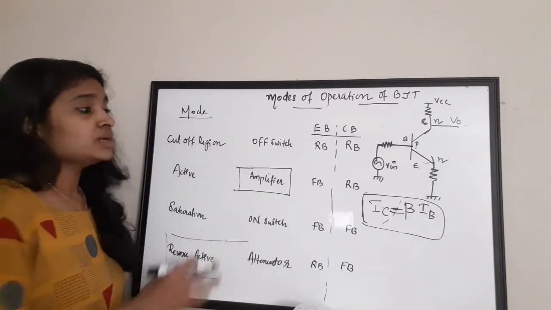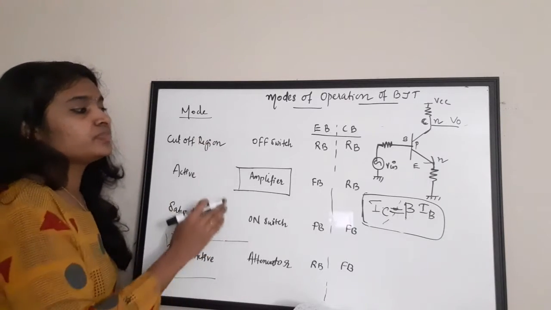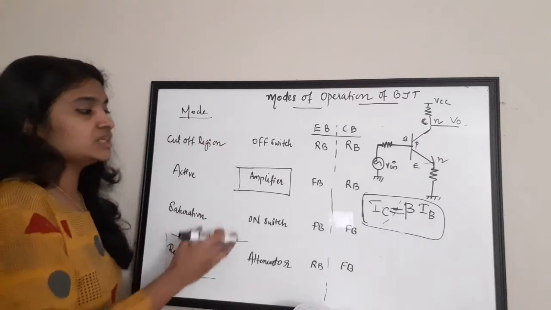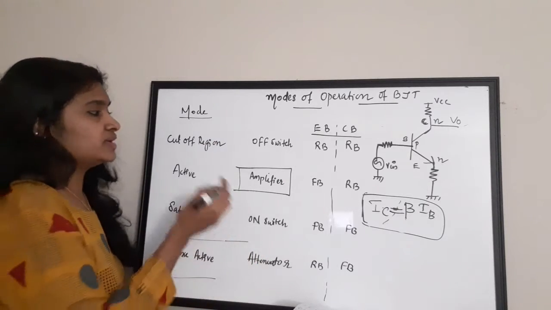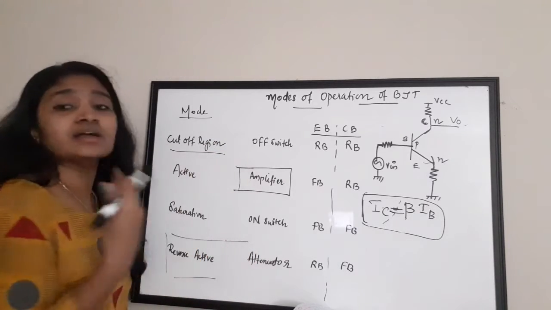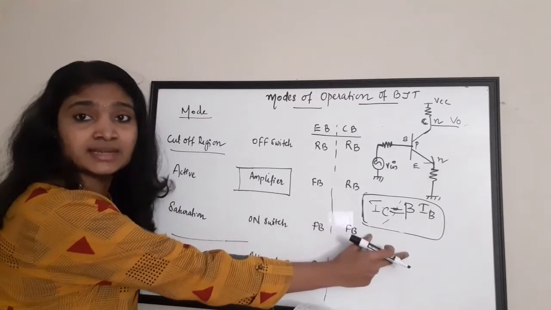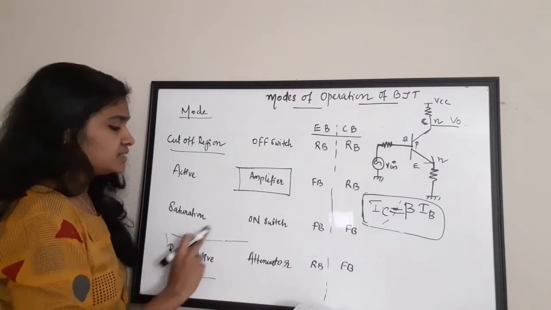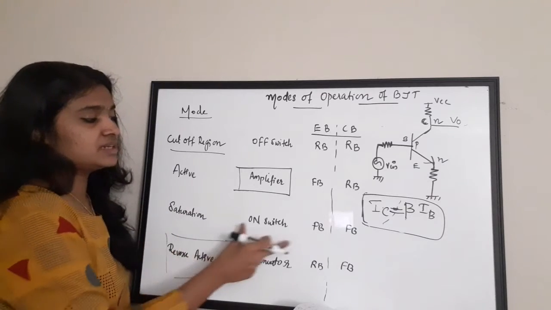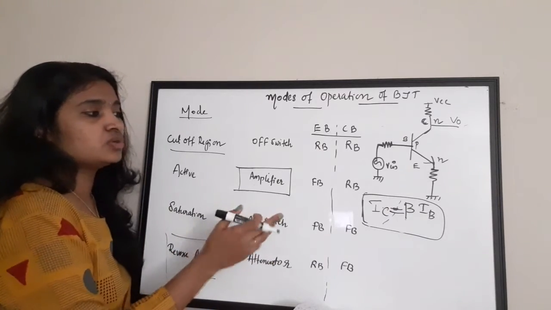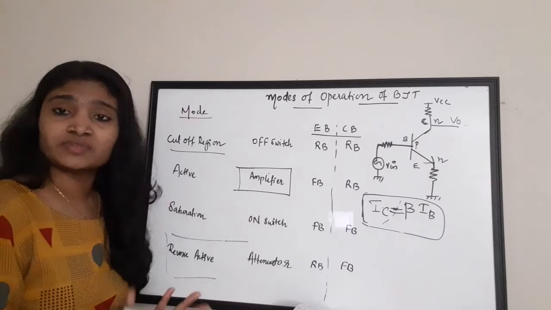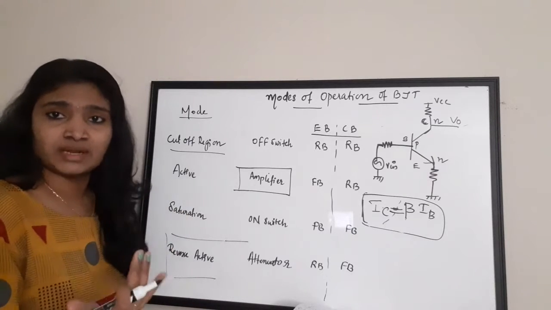All the other three modes are possible practically. In the cutoff region the transistor is off, in the active region this relation is satisfied, and the saturation region acts as an on switch, where this relation is not satisfied and it reaches the saturation value.